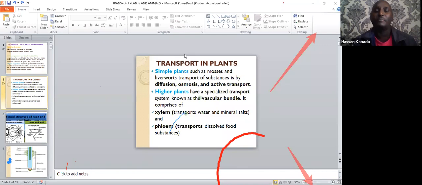Then from there, what happens? These water molecules and the mineral ions will move up the plant all the way to other parts of the plant, including the leaves, where they are used for photosynthesis and the development of chlorophyll.